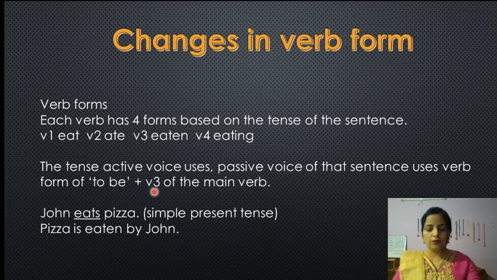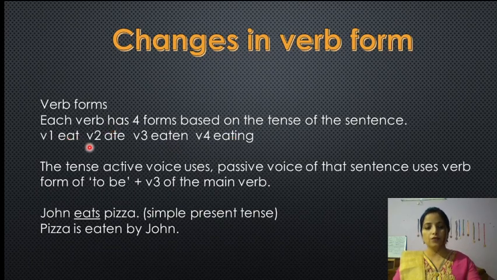You must never forget that passive voice uses V3. It is compulsory. V3 means this form. You will never see passive voice using V1, V2 or V4. It will predominantly use V3. Okay, this is very important.